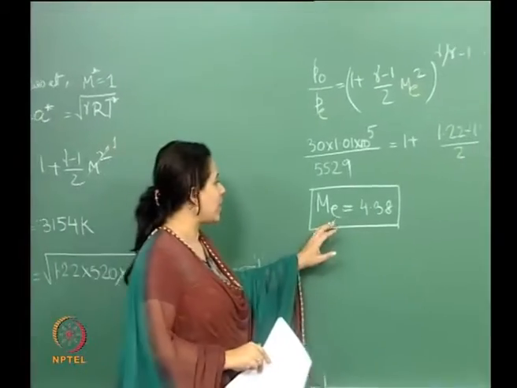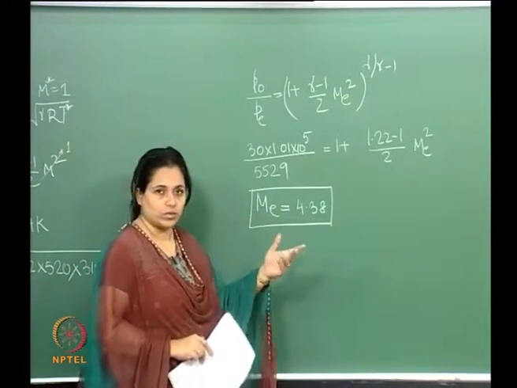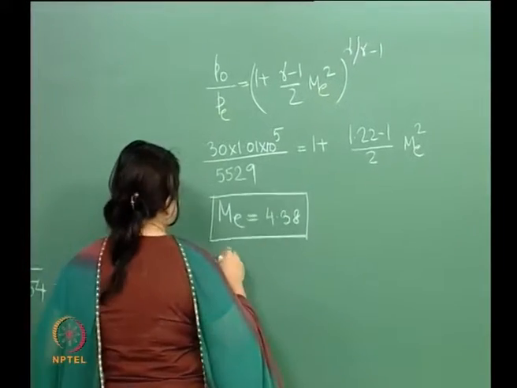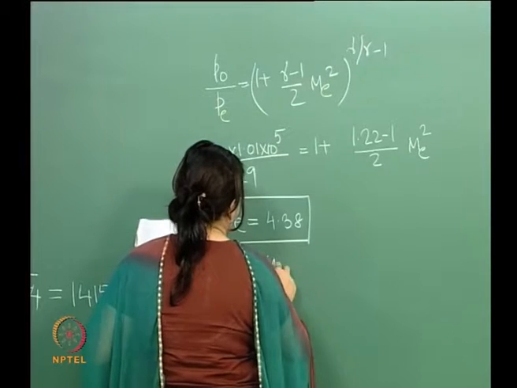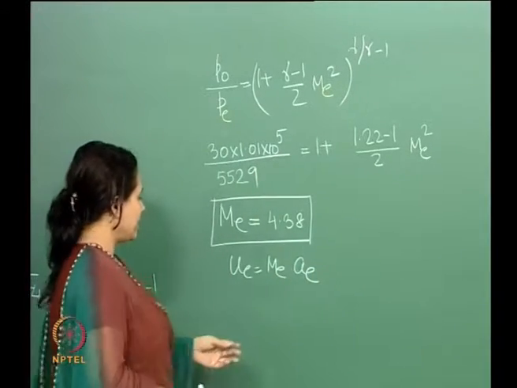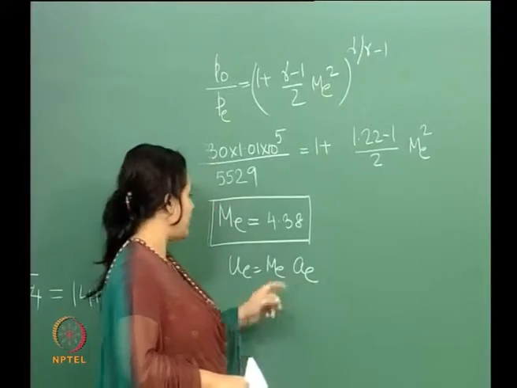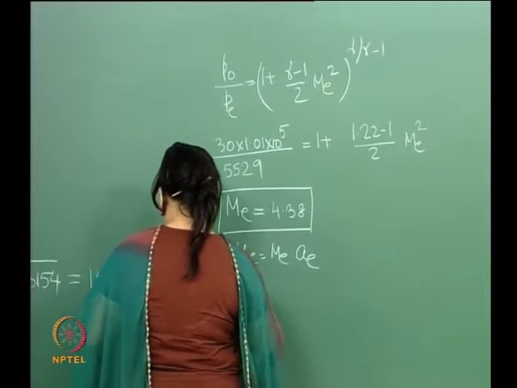Now, at the exit we have an exit Mach number, but we do not have the exit speed of sound. So, UE is of course ME times the speed of sound at the exit, and we do not have that.